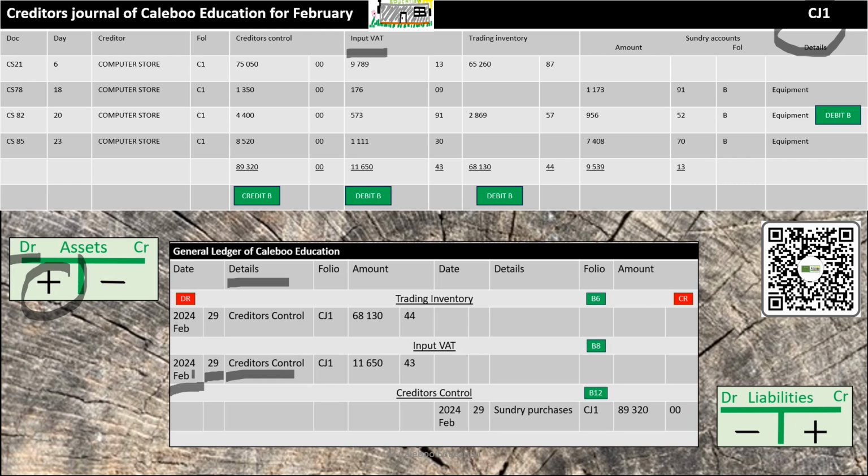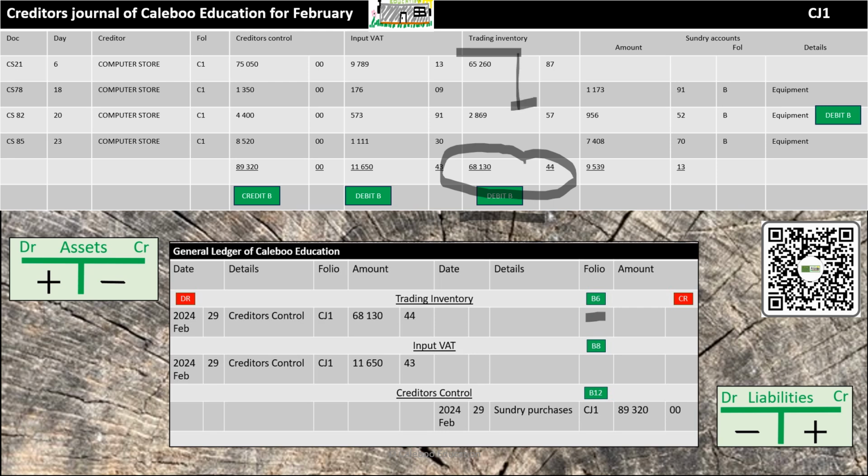and that is the trading inventory amount from the trading inventory column. So let's have a look at it. Got your trading inventory, and in there it says debit the B6 account with the total, because it has its own column. There it is, 68,130.